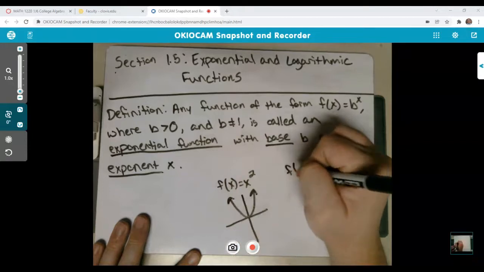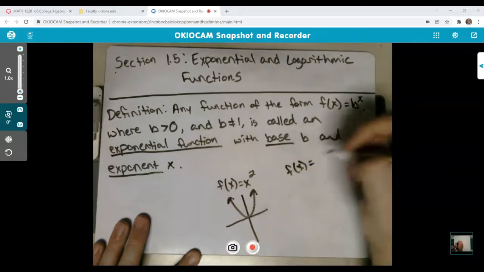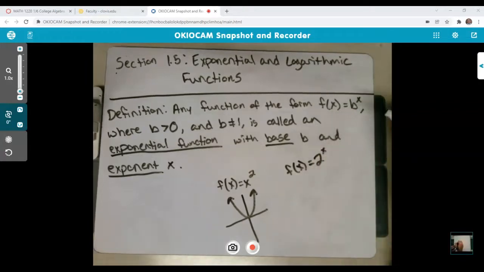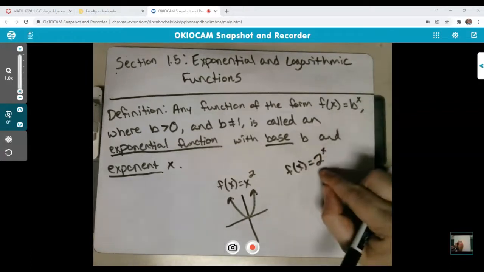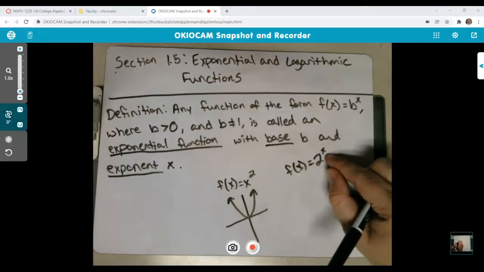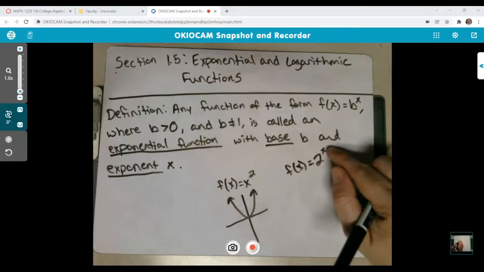But let's look at a function like this new type, like 2 to the x. In a function like this, I already know what the base is, and I'm going to plug in stuff for the power. So now I would have like 2 to the first, 2 squared, 2 to the third, 2 to the fourth, 2 to the fifth. I want to plug in stuff for the power. Let's see what happens to that graph.